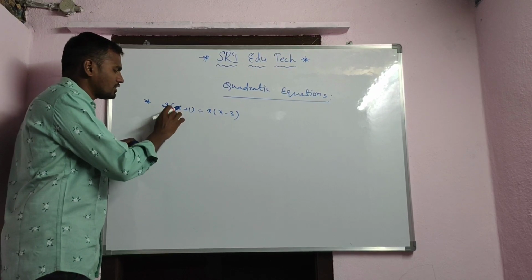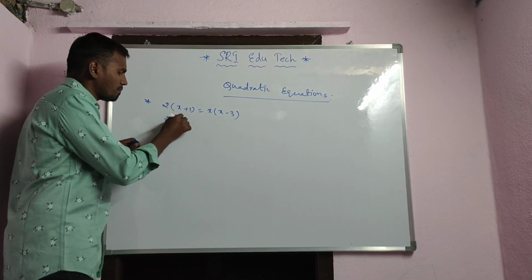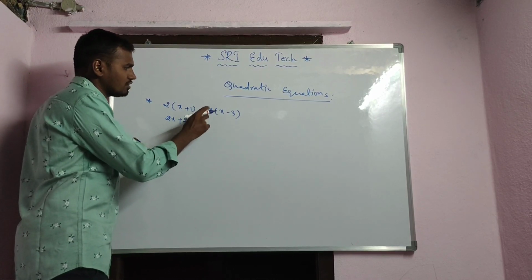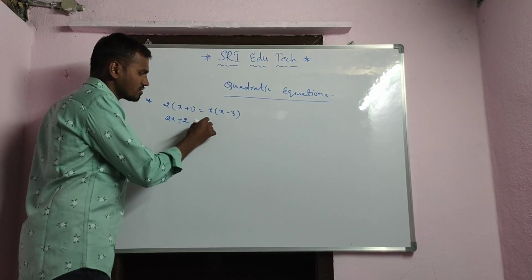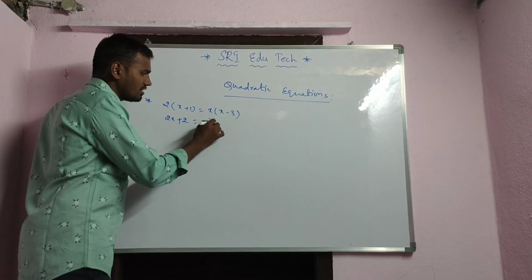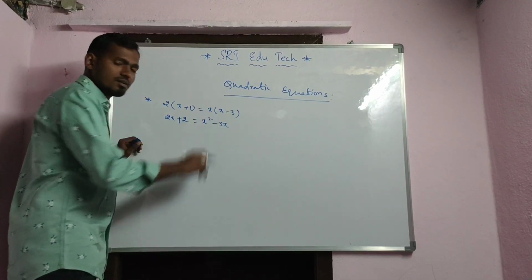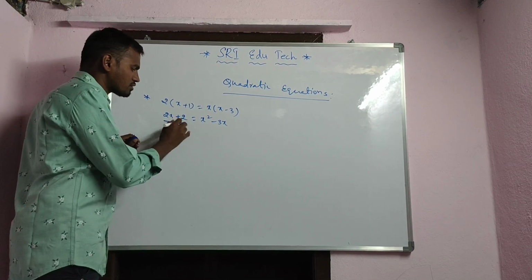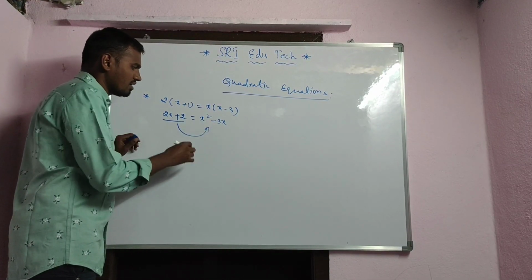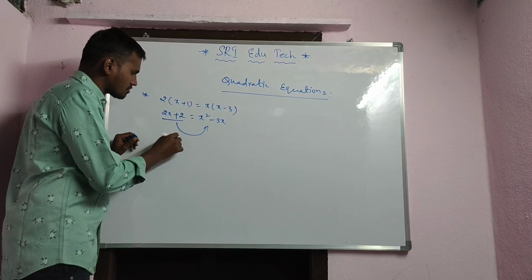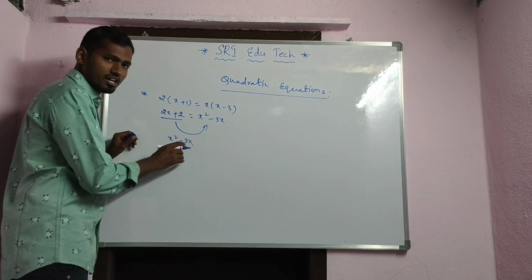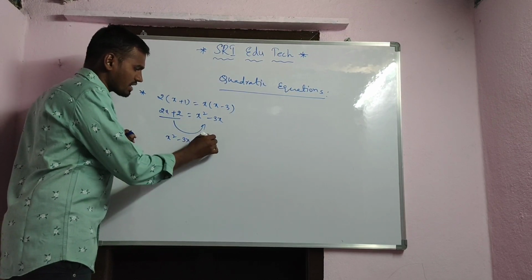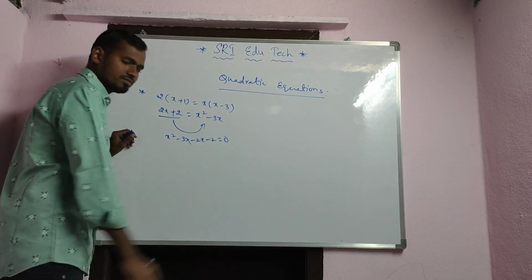Then 2 into x is 2x, plus 2 ones are 2, equal to x into x is x², and x into 3 is −3x. Transferring 2x + 2 to the RHS, we get x² − 3x, then +2x becomes −2x, then +2 becomes −2, equal to 0.